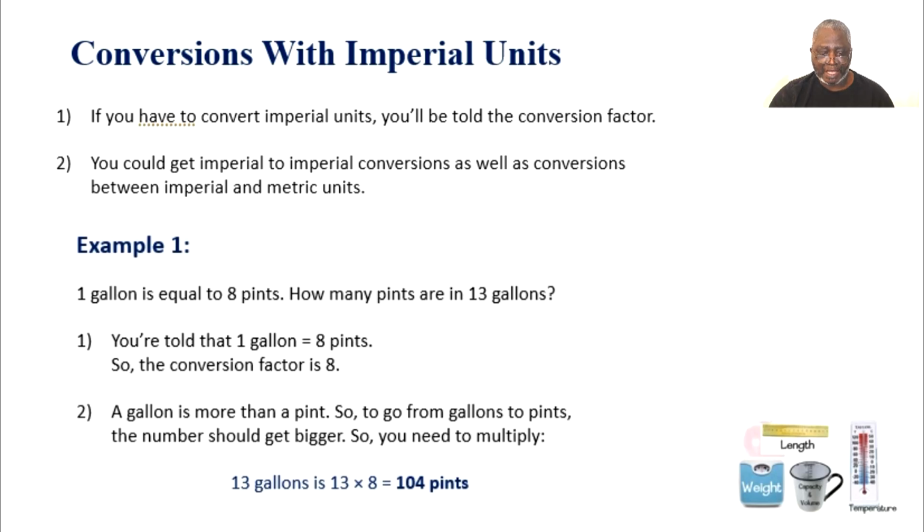How many pints are in 13 gallons? You're told that 1 gallon is 8 pints, so the conversion factor is 8. A gallon is more than a pint, so to go from gallons to pints, you need to multiply. That is 13 times 8, which is equal to 104 pints.